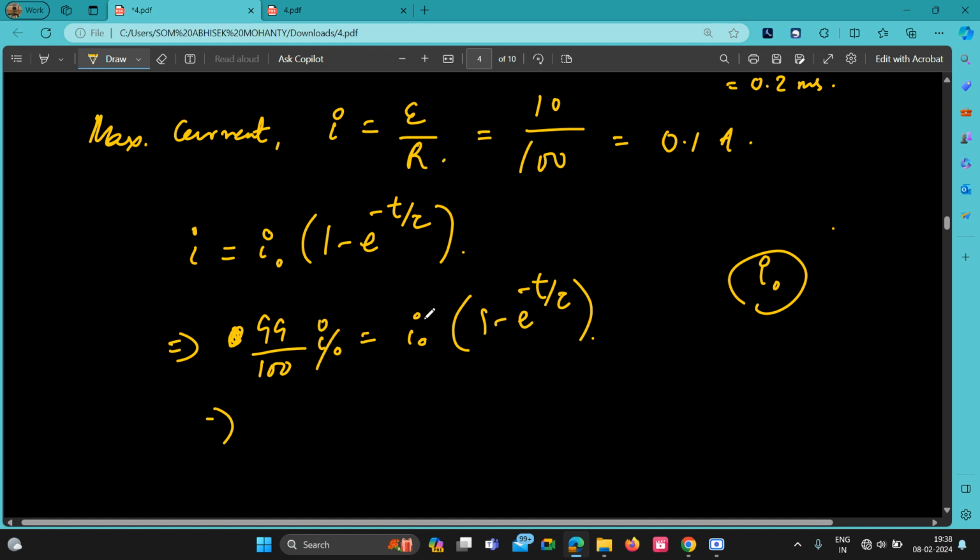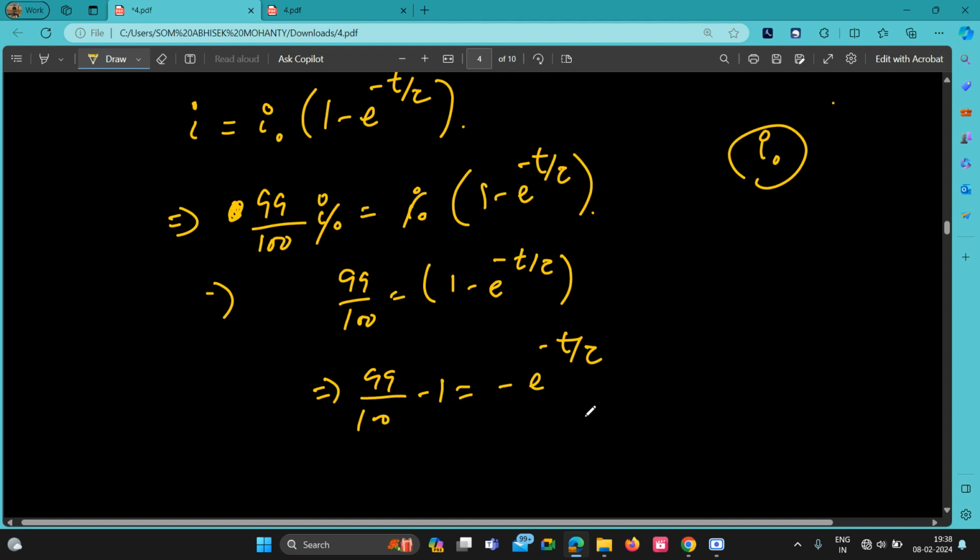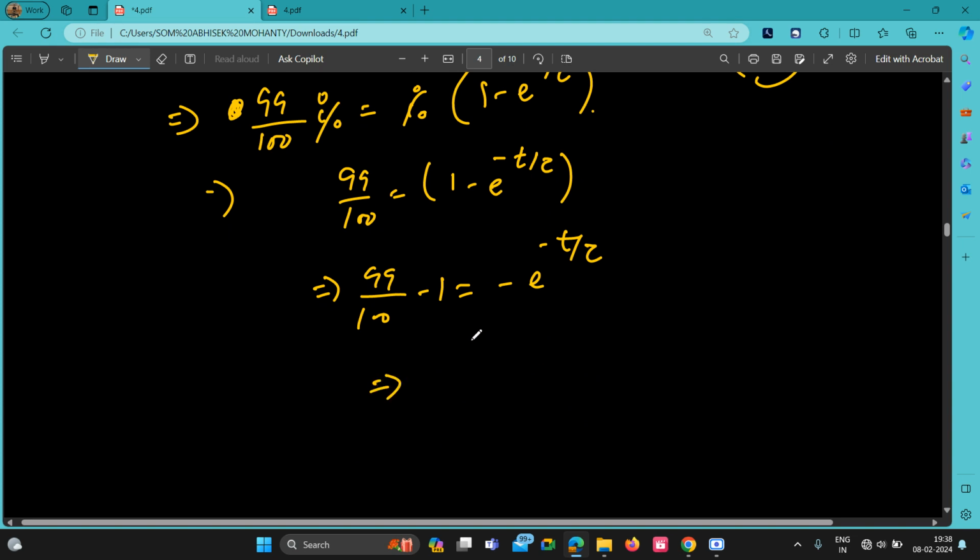I naught will be cancelled out. 99 by 100 is equal to 1 minus e to the minus t by tau. Taking 1 to this side, minus 1 by 100 is equal to minus e to the minus t by tau. So 1 by 100 is equal to e to the minus t by tau.